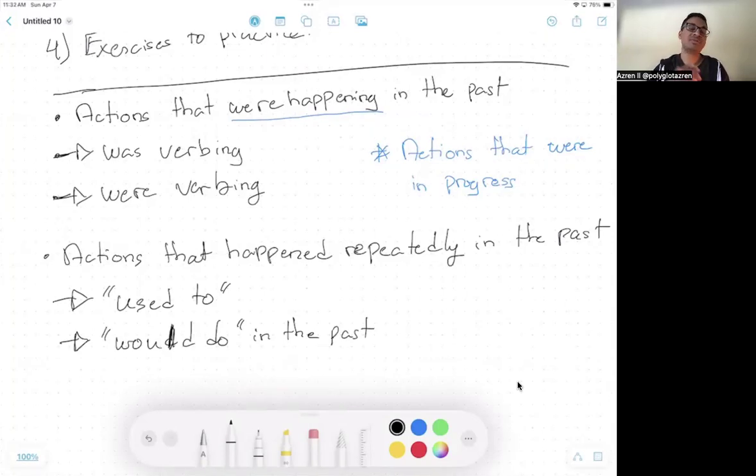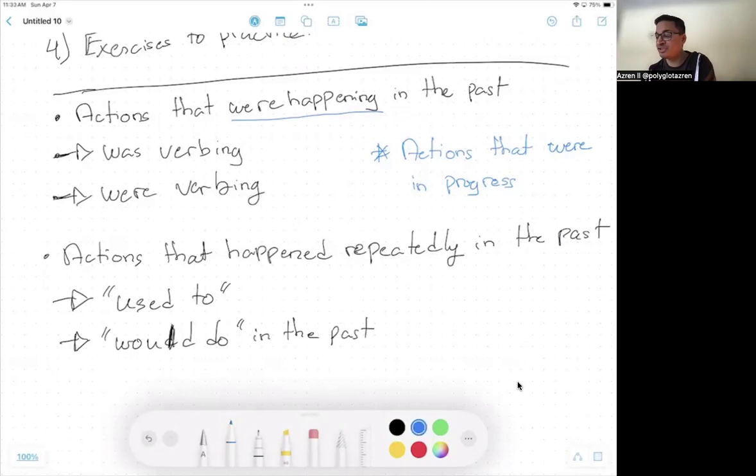So things you would do before, but you don't do anymore. Would and used to, they're often synonyms. For example, I would visit my grandma every week, and I used to visit my grandma every week. It's kind of the same meaning, even though it's different words, right? So if you translate the imperfect to English, it often translates to used to or would.